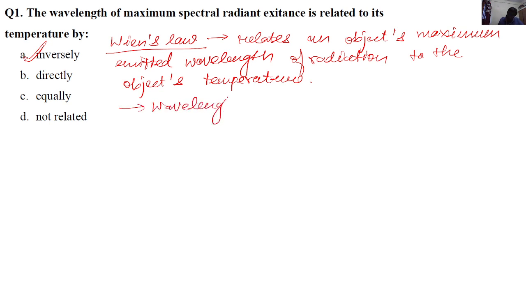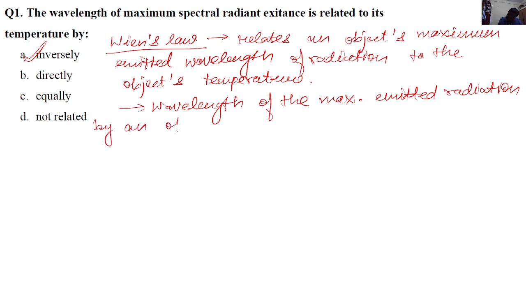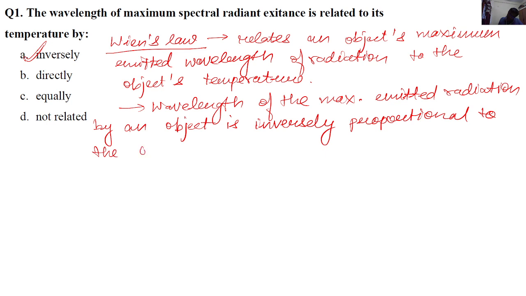Wavelength of the maximum emitted radiation by an object is inversely proportional to the object's absolute temperature.